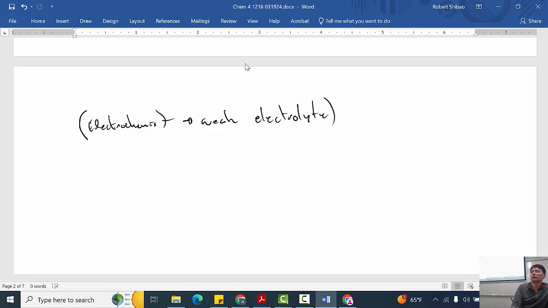So the first definition is based on how dissociated, and the second one's based on conductivity. Right, exactly. The electrochemist looks at conductivity only.